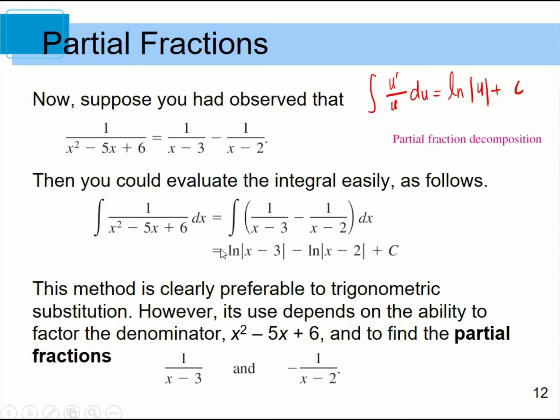So this is x minus 3. Differentiate x minus 3, we get 1. So this is the u, this is the u prime. When we have this pattern, after integration we get the ln. So minus, then follow this, we have ln absolute of x minus 2 plus c.